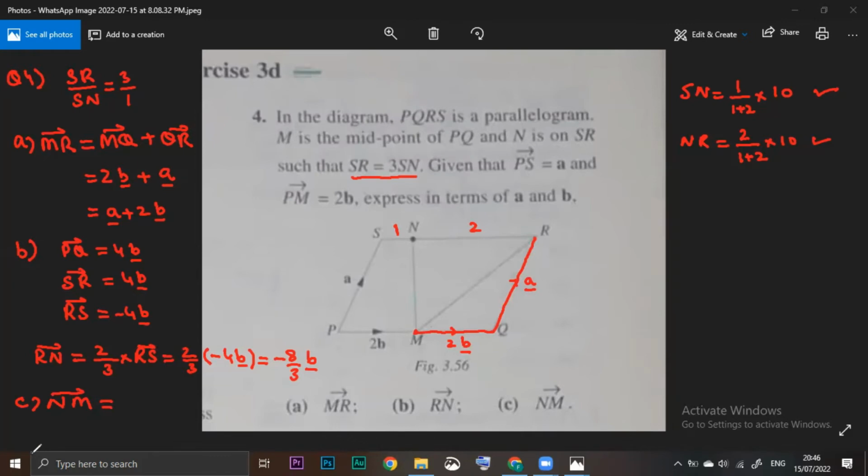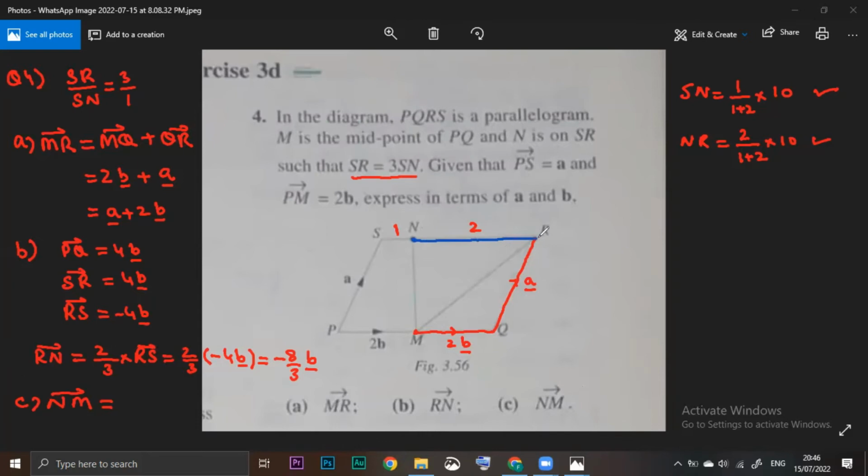First of all, I will write down NM in terms of components. I will stand at the tail. Tail is N, head is M, and move towards the head, and I will add all the vectors in the subsequent motion. I will adopt the path NR because I have this vector RN.